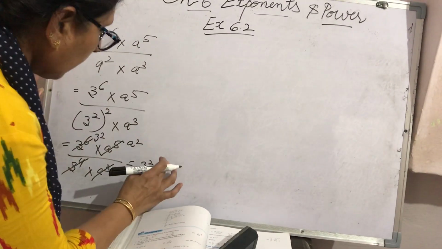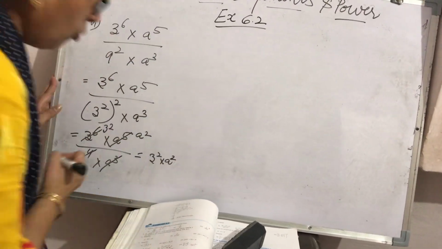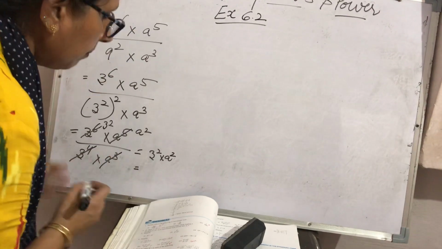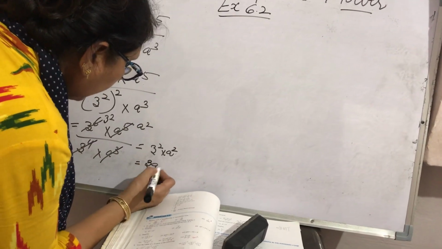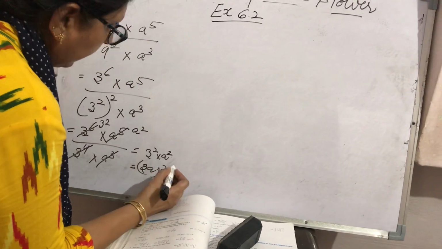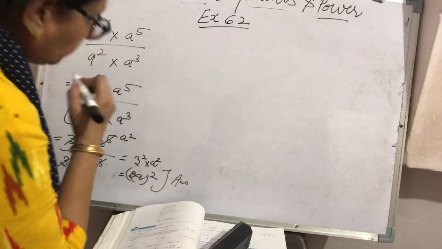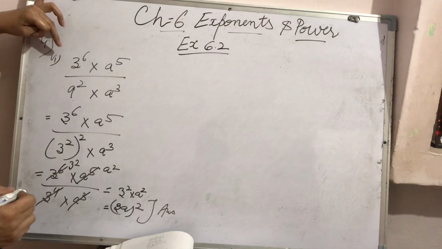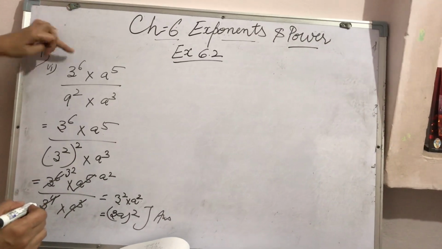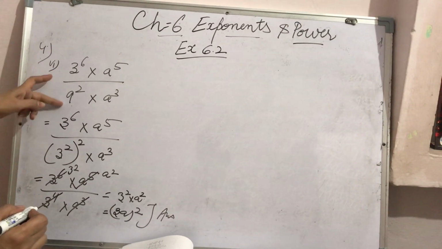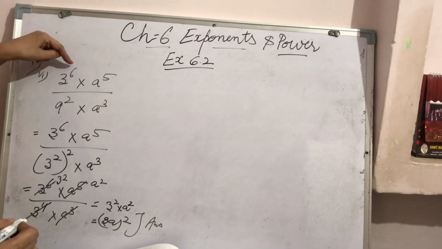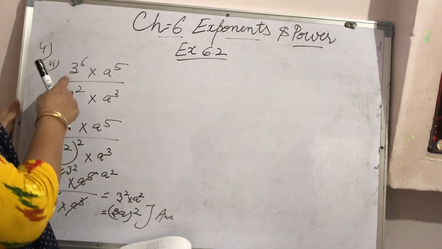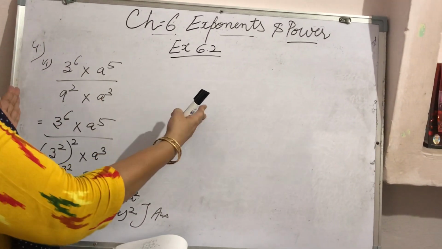Now powers are common. We can take the power common. 3a square we can write in this way. Listen again. If the power is maximum and bases are not the same, we can write 3 multiply 3 multiply 3, but it will be very large.